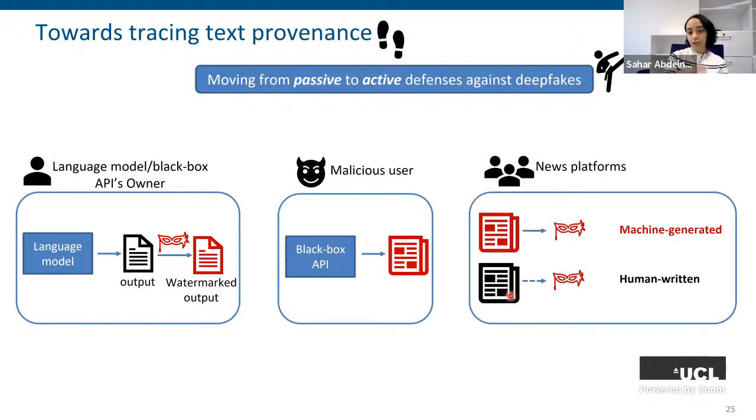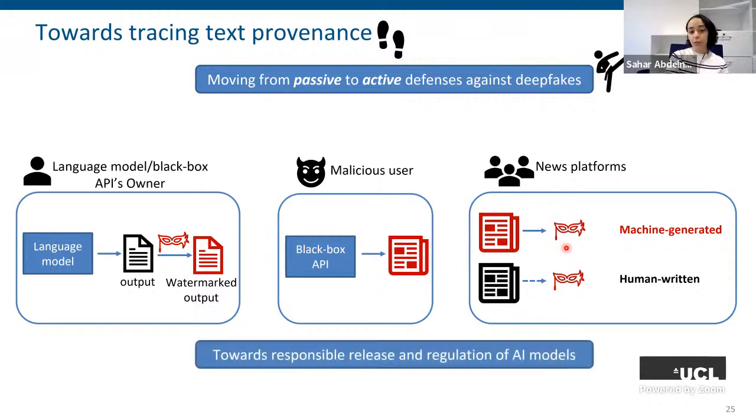However, these generations now contain the watermark, and therefore news platforms can ideally cooperate with language model owners or some regulation entities to detect these watermarks through the watermark decoder. And if we are able to detect the watermarks that we have already inserted during or after training, we can attribute these generations to that specific model and conclude that this is machine-generated text.